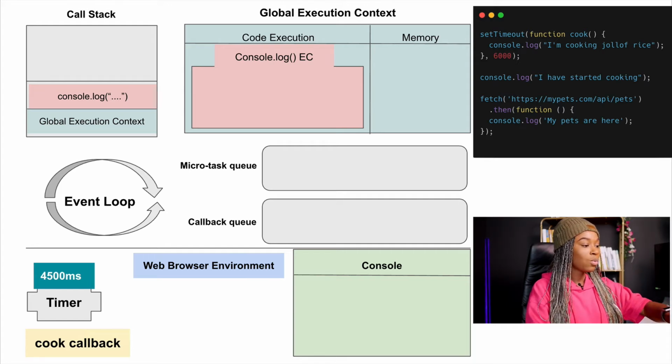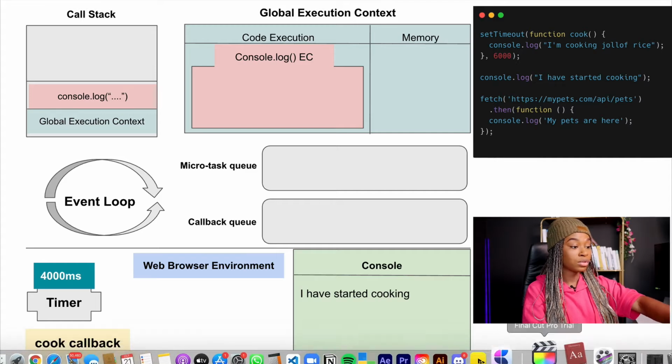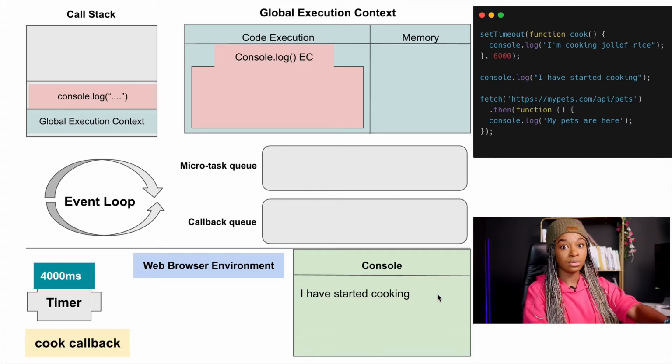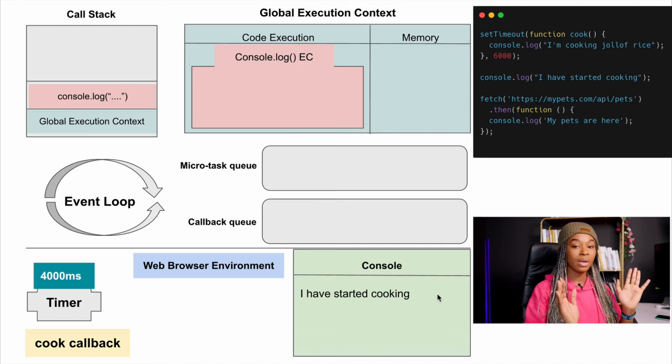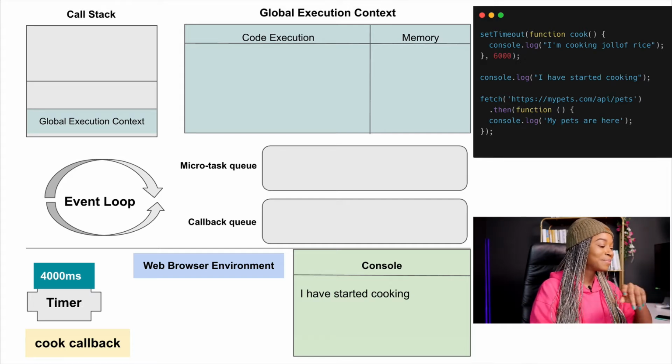Now, what's inside is a string, "I have started cooking". So it will log "I have started cooking" to the console. This console here is part of the browser environment. So it will log it to the console, and then it's done. Its execution context will get popped off the call stack, and then the thread of execution moves to the next line.